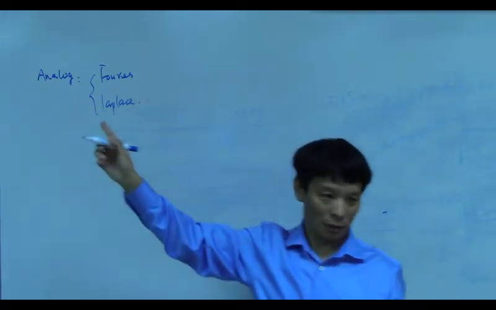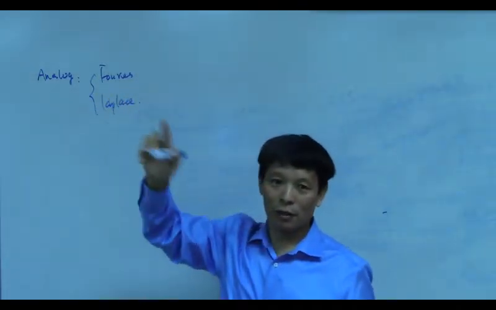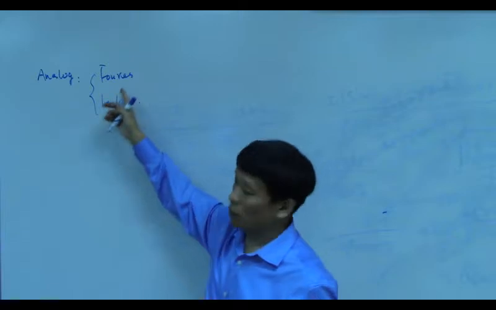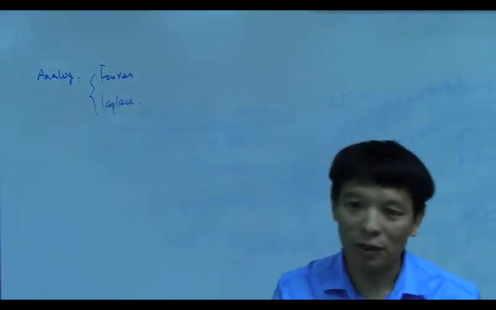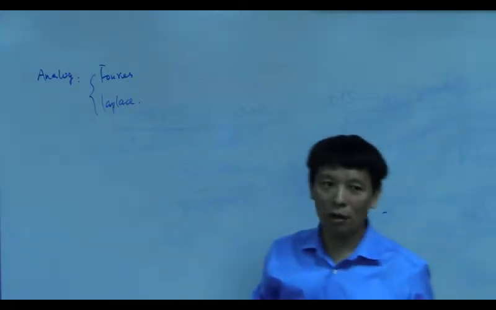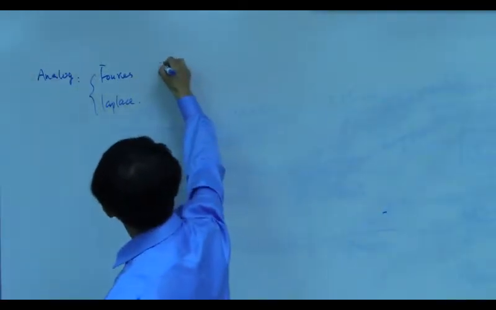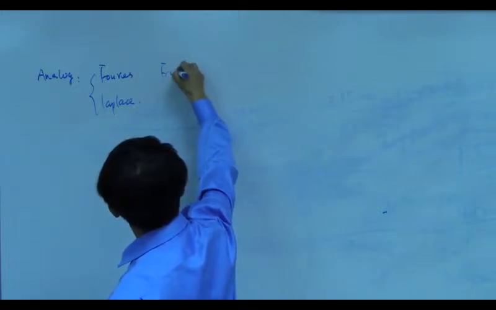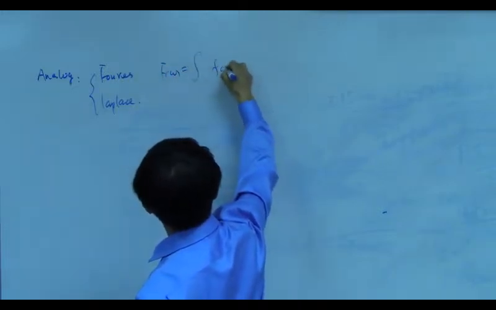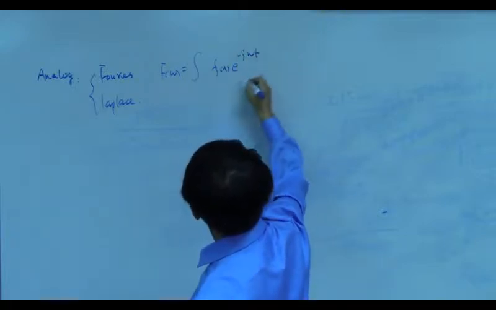We introduced the Laplace transform because for some signals the Fourier transform does not exist, so we want to make it work for more signals. For example, F(omega) equals the integral of f(t) times e to the negative j omega t dt.